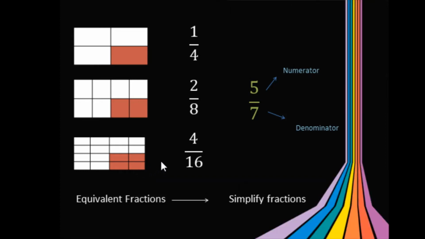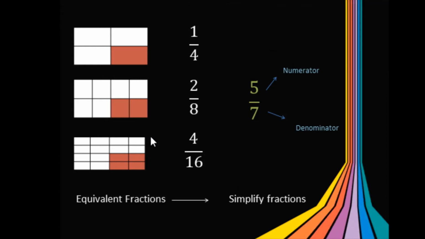Now, remember, a fraction has different parts, the numerator and the denominator, right? Numerator is on top, denominator is at the bottom. In this case, all the 3 pictures have the same shaded portions, right?